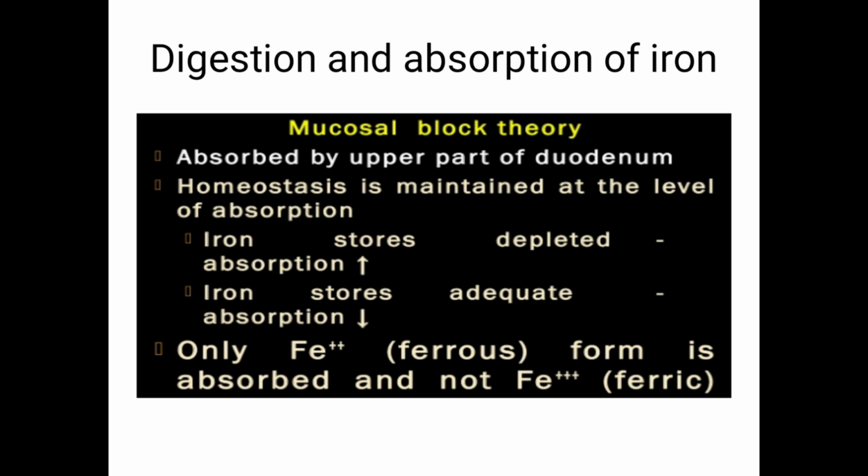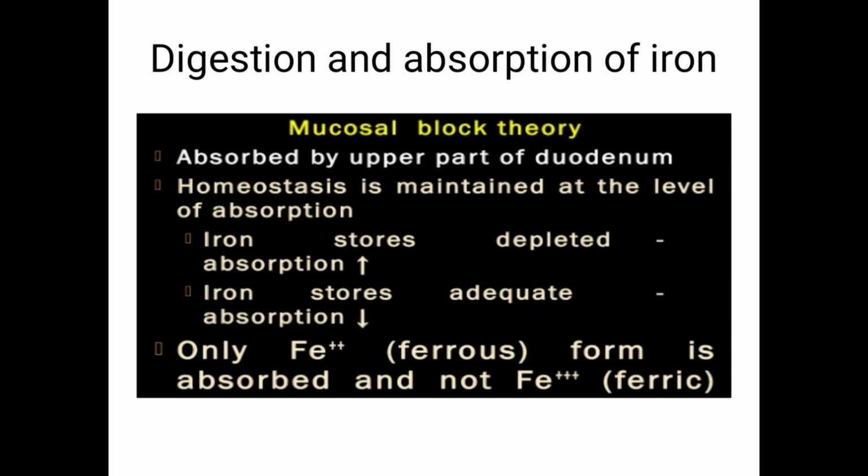So iron is absorbed by the upper part of the duodenum. This theory is called mucosal block theory. Iron is absorbed in the upper part of the duodenum. There are three sectors: the lumen of the gastrointestinal tract, then the mucosal cells of the gastrointestinal tract, and what about iron in the plasma.